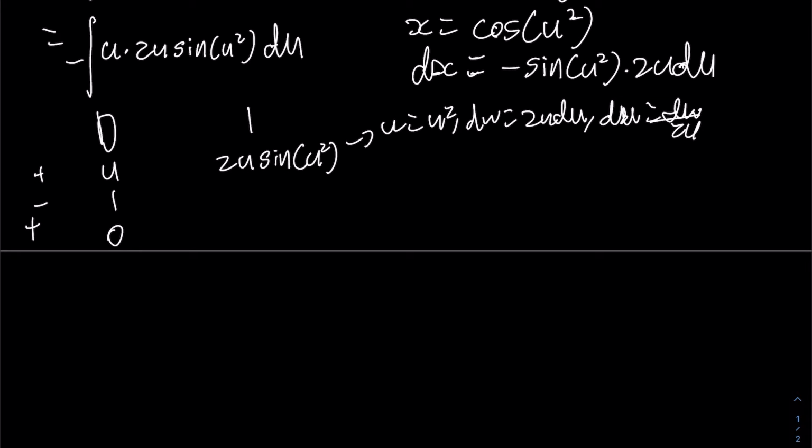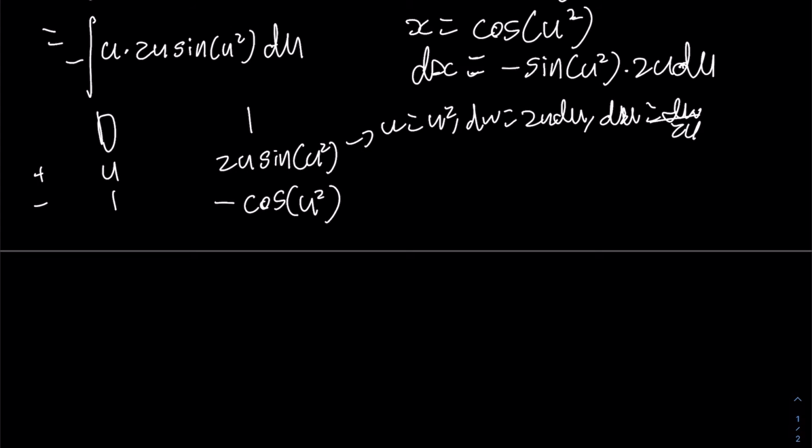We'll just be integrating the sine of w in the w world, which is going to be the negative cosine of w, which is u squared. So we don't need this row anymore, and the integral of this is just going to be negative cosine of u squared.